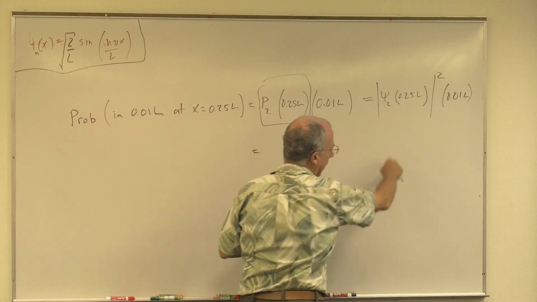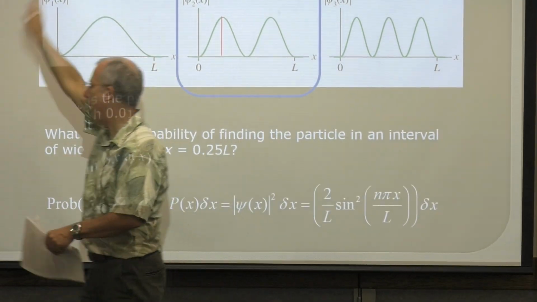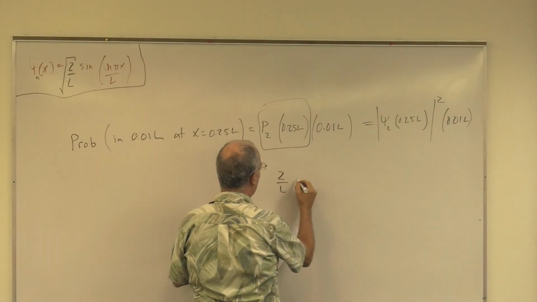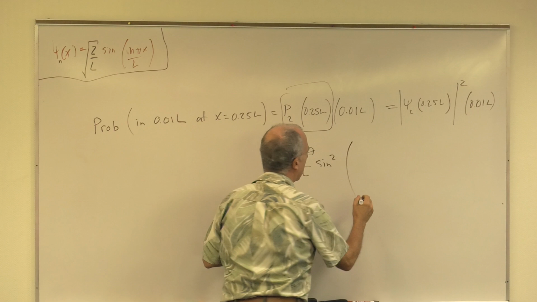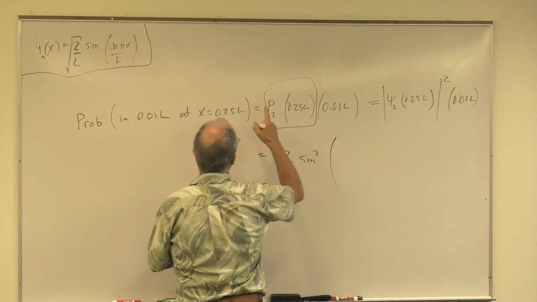So just put in psi 2. This is psi 2 squared, so we're just going to plug it in. So 2 over L sine squared. Okay, n is 2. This is the n equals 2 state.